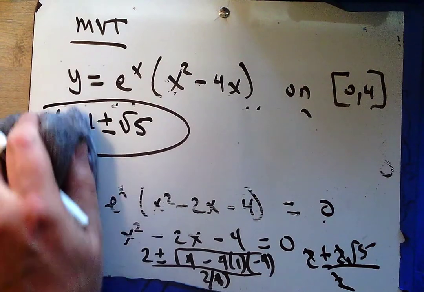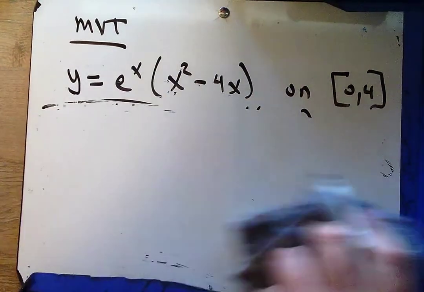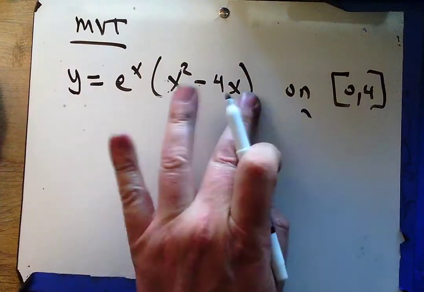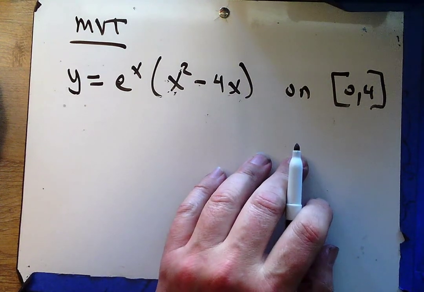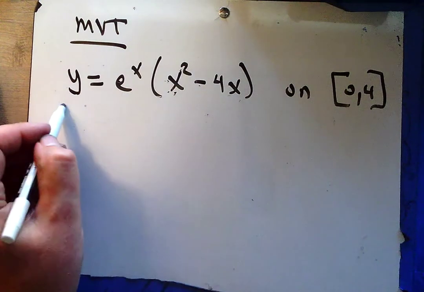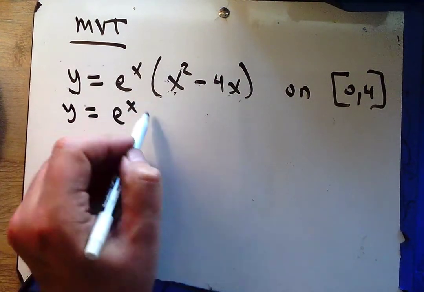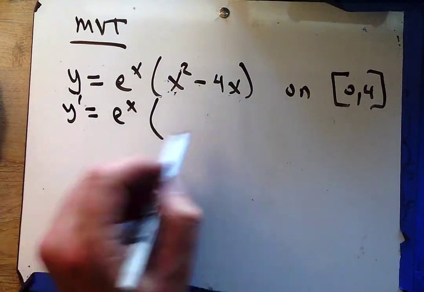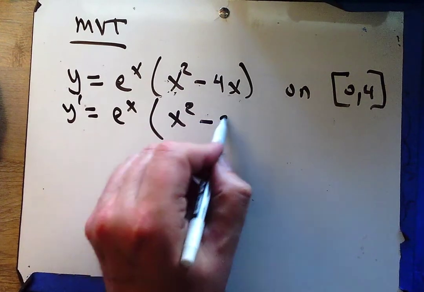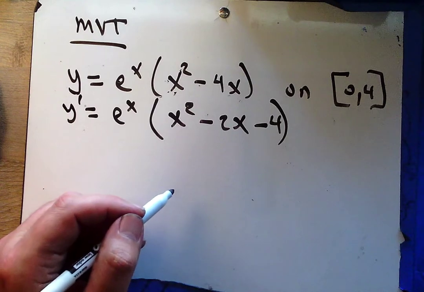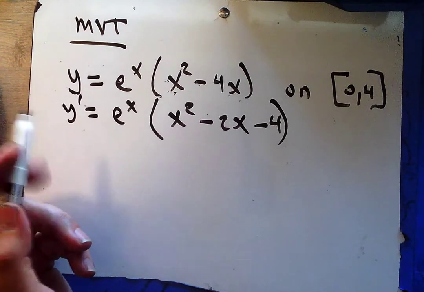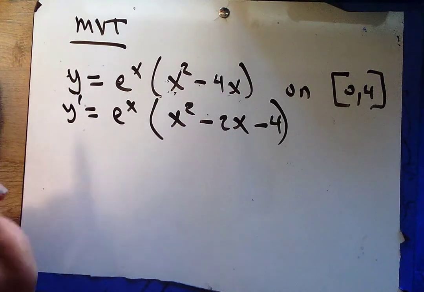All right. Hey, since we went through this problem and did it as an MVT problem, why don't we do maxes and mins now? Right? We've already found y equals e to the x times x squared minus 4x, y prime equals e to the x times x squared minus 2x minus 4. So here's our y prime, and I'd like to know when y has a max or a min.